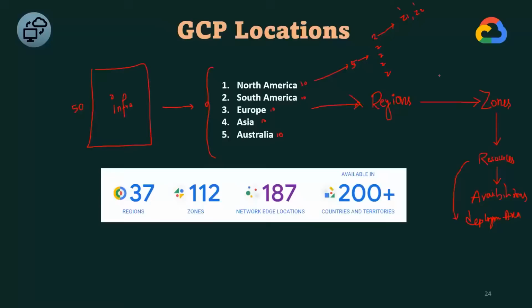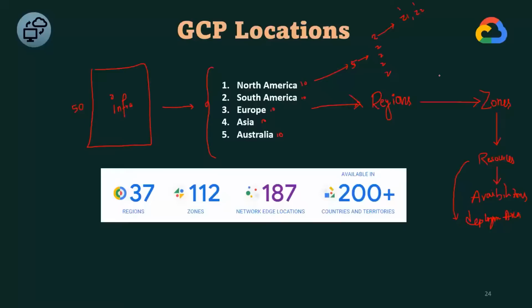So if you have 50 units of infrastructure across North America, South America, Europe, Asia and Australia, the infrastructure is divided like this, and it is further divided into regions, and then into zones.